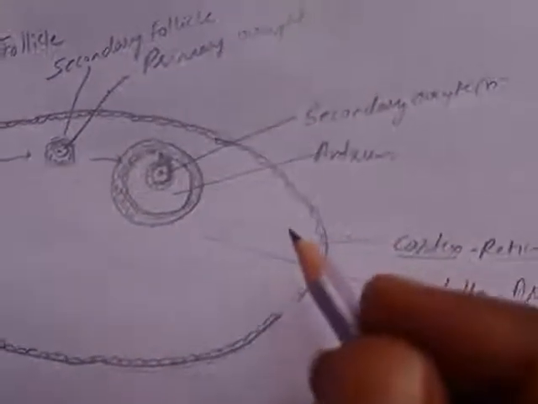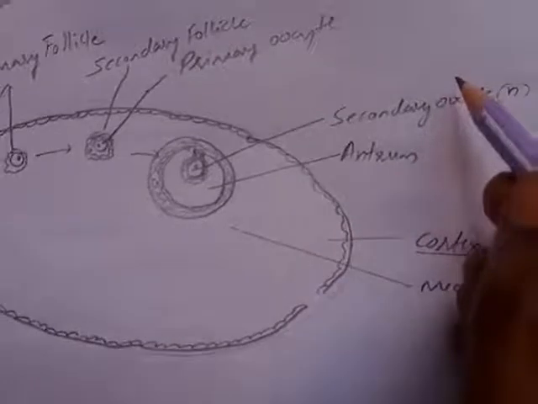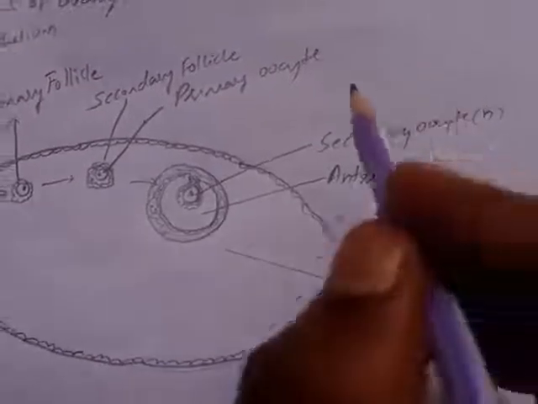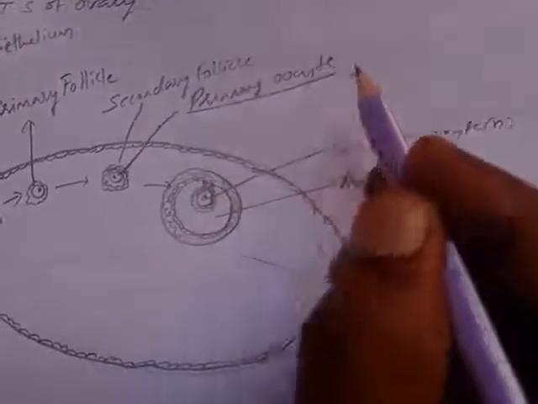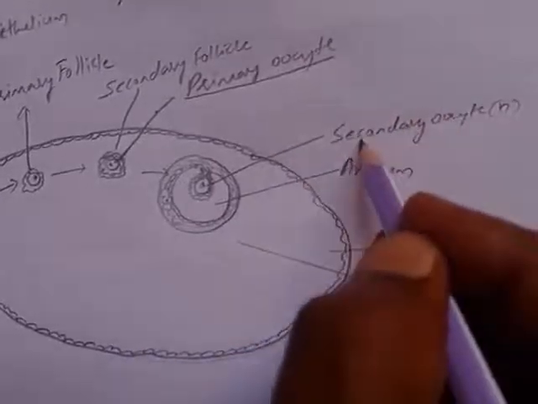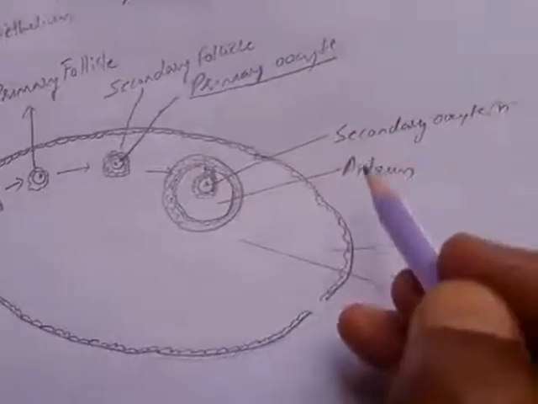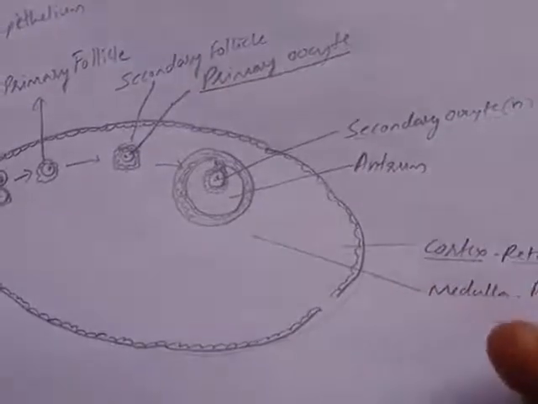A haploid set of chromosomes will be there because it is formed after meiosis I. So the primary oocyte is divided by meiosis I and produces the secondary oocyte.